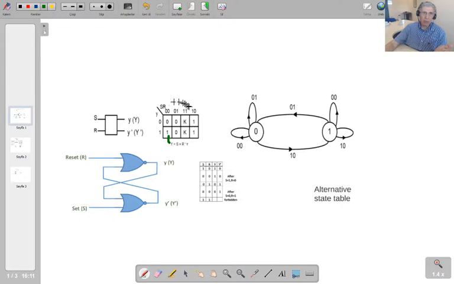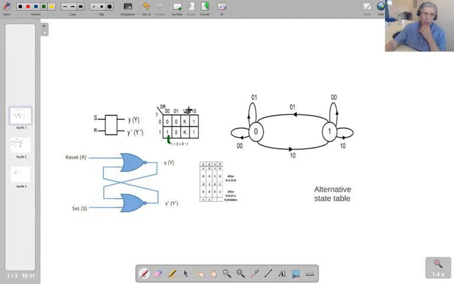Similarly, if the input is 1, 0, whatever state you are in, either 0 or 1, your next state is definitely 1. So if your input is 1, 0, the next state does not depend on the present state, small y.